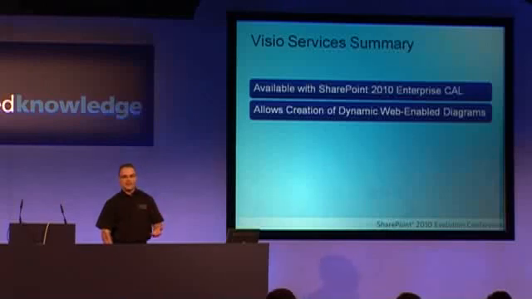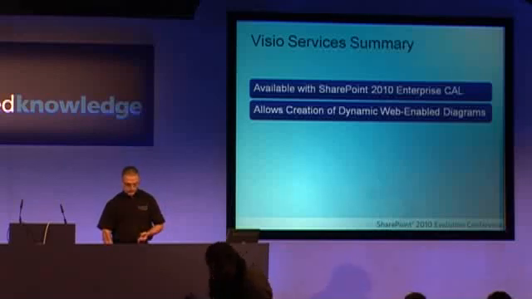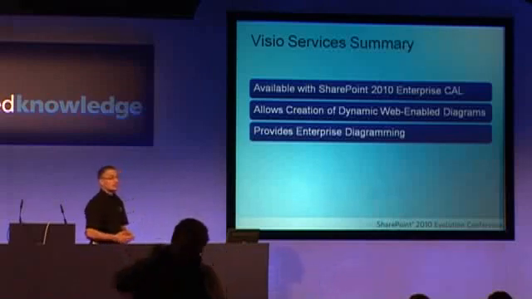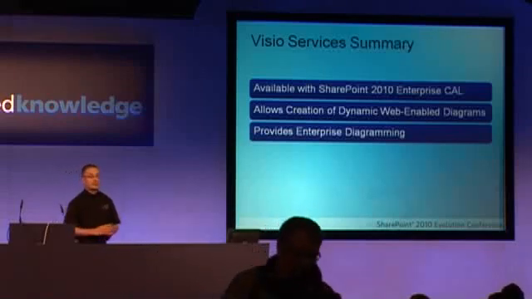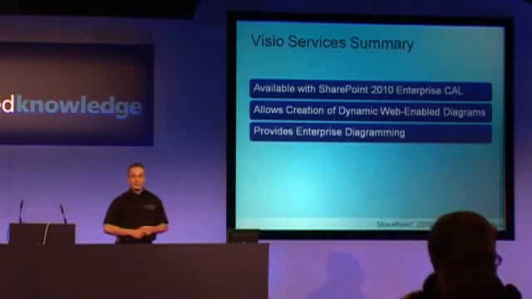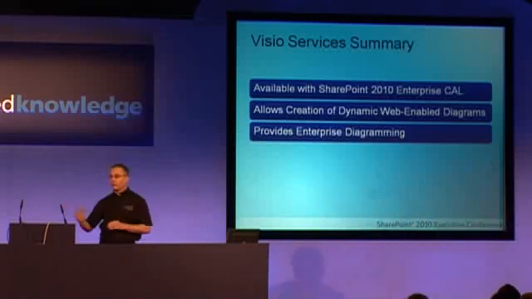You don't have to get Blend out or Notepad out. You can just do your diagram and it goes up in XAML. It provides an enterprise diagramming capability. It's a service application, so it's available across the whole of the farm.